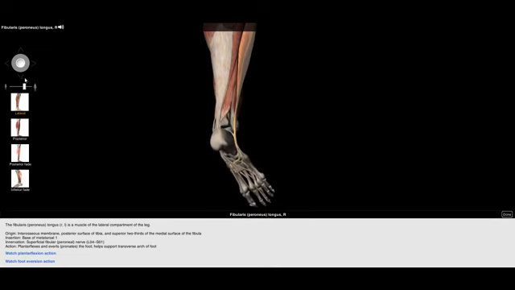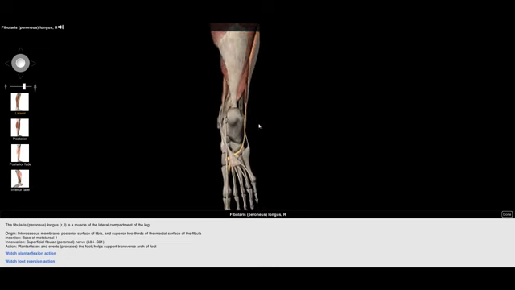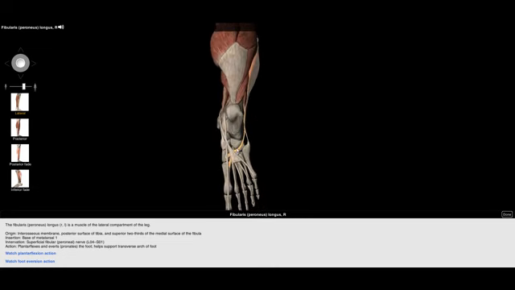Now let's keep an eye on this orientation where it comes across the foot, because this is going to be an important consideration in its function.